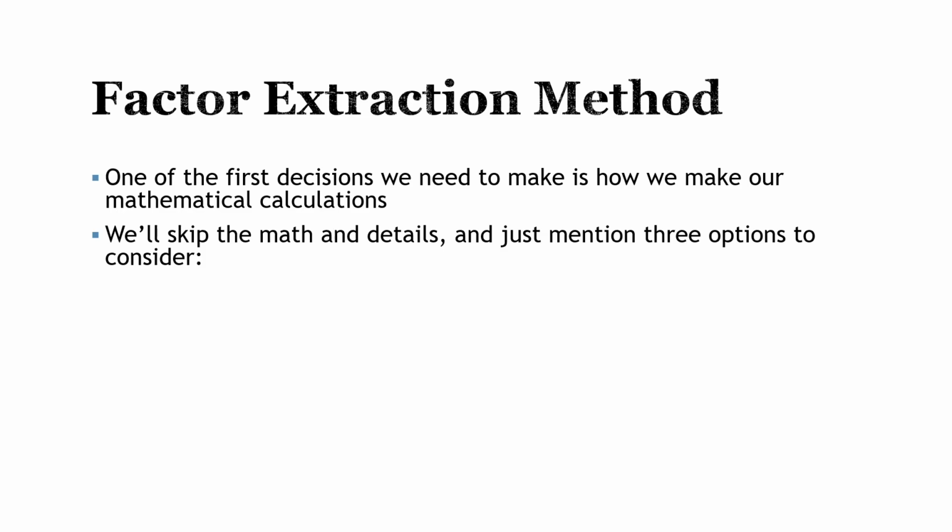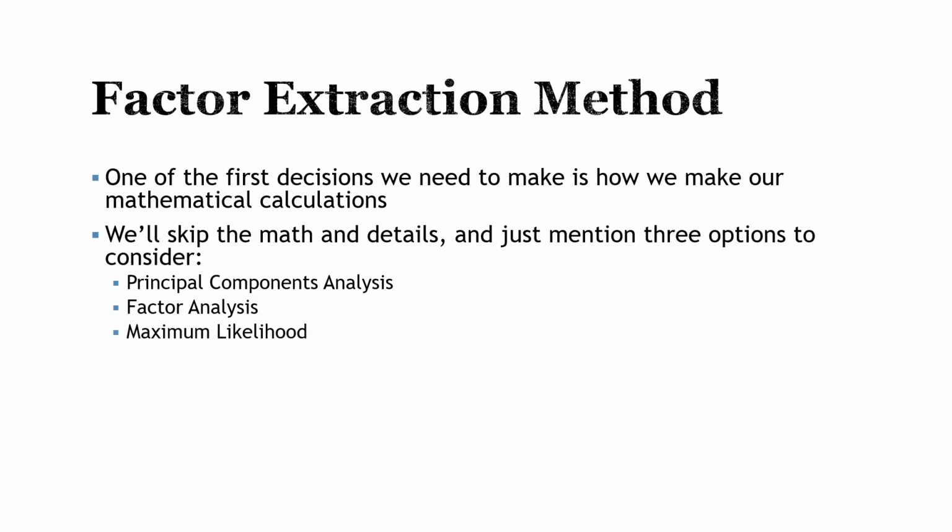And in this lecture set, I'm just going to talk about three options that I think are very common options that you may select. The first one is principal components analysis, or PCA. Then we'll talk about factor analysis, sometimes called principal axis factoring, or just factor analysis. And I know it's pretty confusing that exploratory factor analysis has a factor extraction method called factor analysis, but c'est la vie.